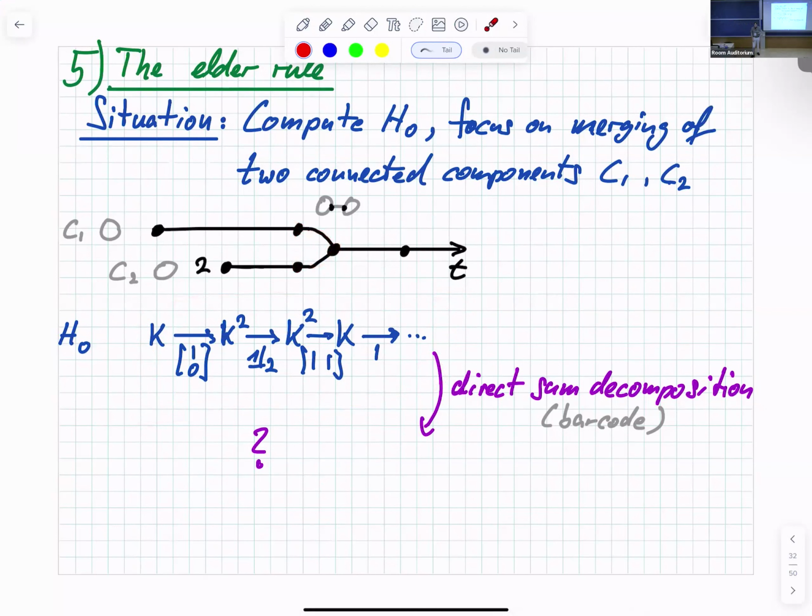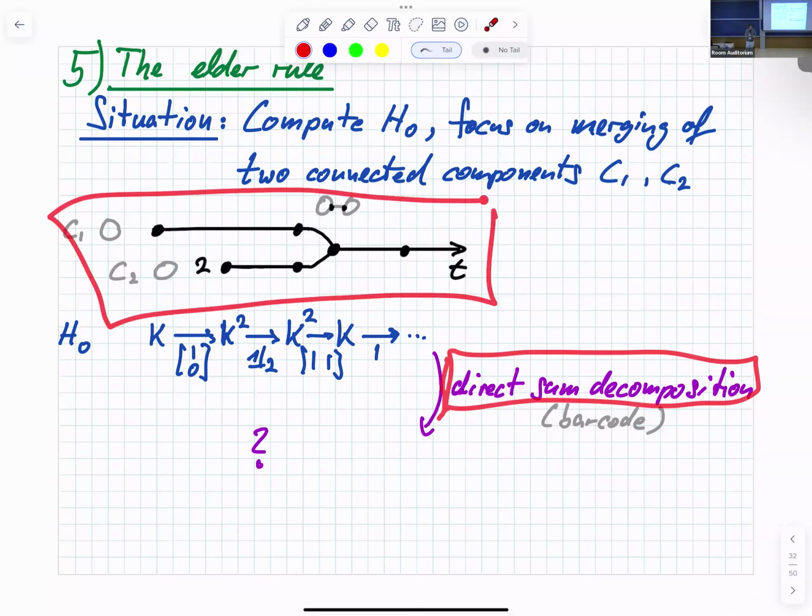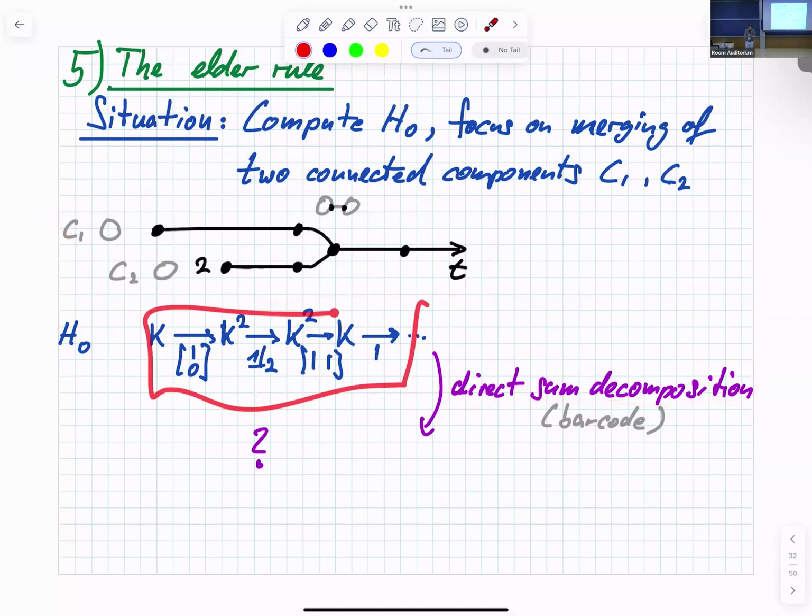Okay. So what I want to do now is compute the barcode, and we saw that computing the barcode corresponds to decomposing the module into indecomposable summands. So I want to compute the direct sum decomposition of this module H0, okay?